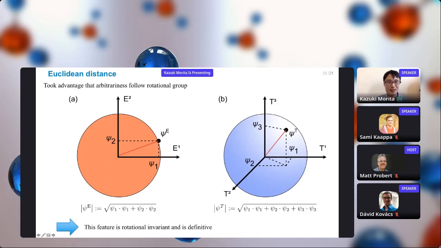So you might intuitively understand that the invariant here is the distance from the center of the circle to the surface of the circle. It's just taking a Euclidean distance from the center. Similarly, if it was a 3-dimensional irreducible representation, it would correspond to a distance from the center of the sphere to the surface of the sphere. By doing this, we were able to obtain a single value for a single irreducible representation, regardless of its dimensionality.